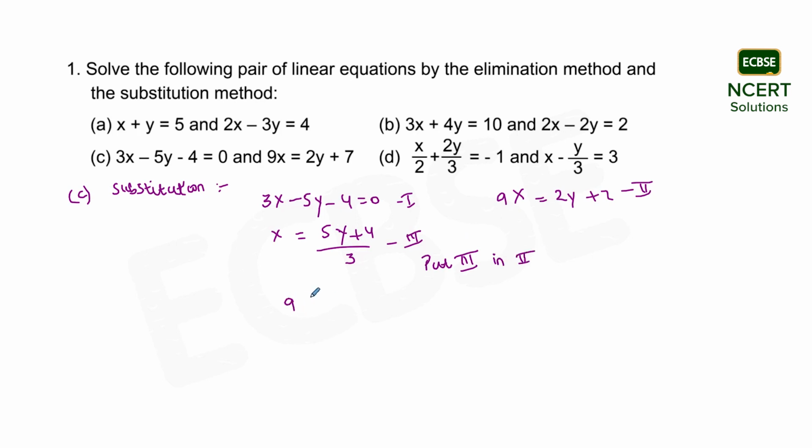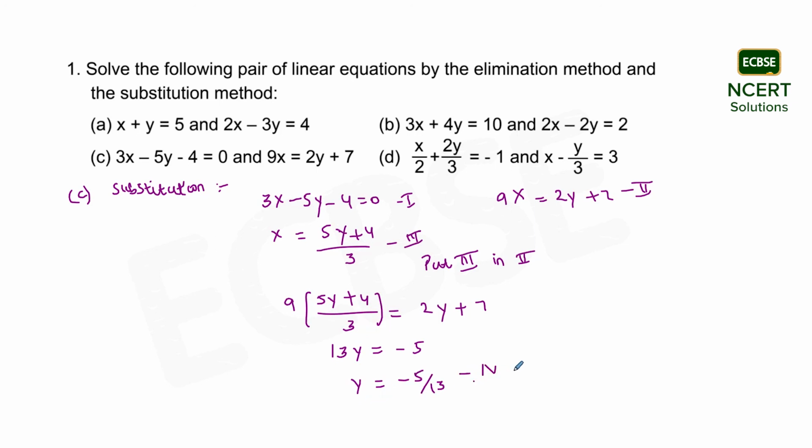So substituting it, it will be (5y plus 4) divided by 3 is equal to 2y plus 7, or it will be 13y is equal to minus 5, or I can write it as y is equal to minus 5 by 13.